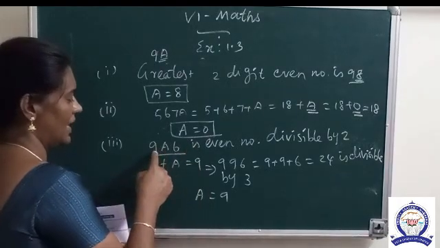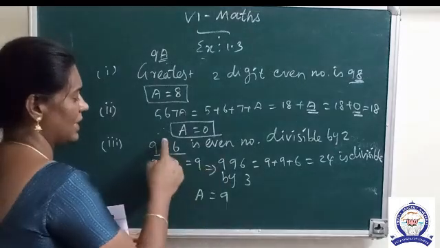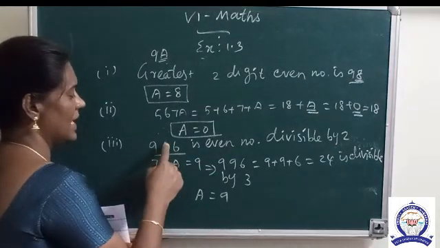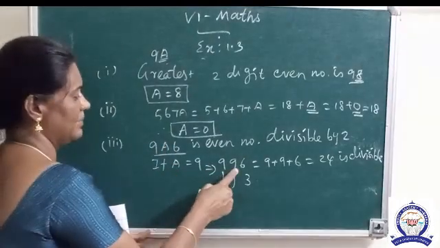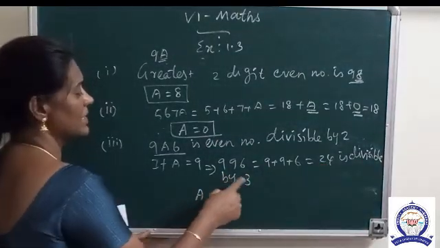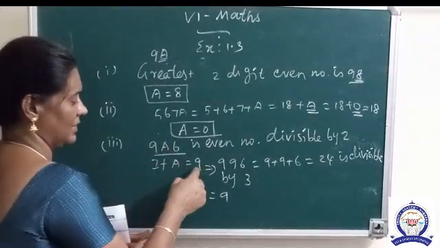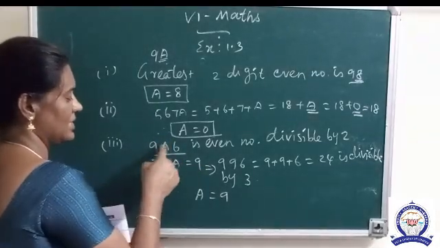See here, if we put the place value of A as 9, we get 9 plus 9 plus 6 is equal to 24. So 24 is divisible by 3. Here you write the highest number, 9. The greatest one-digit number is 9.